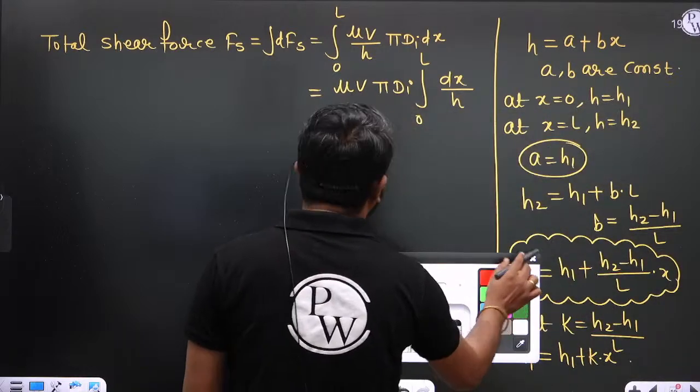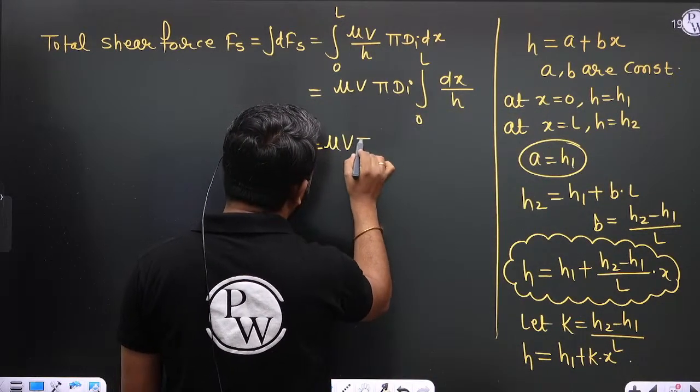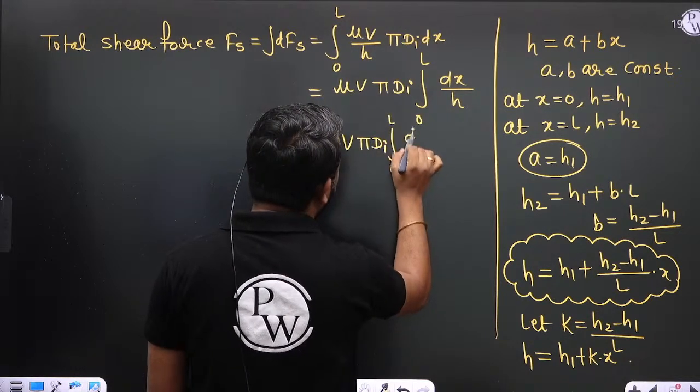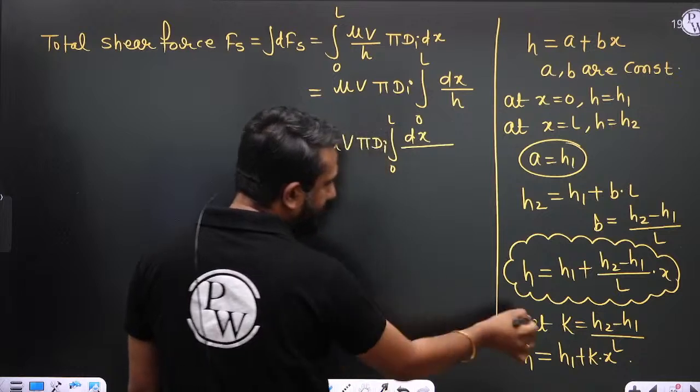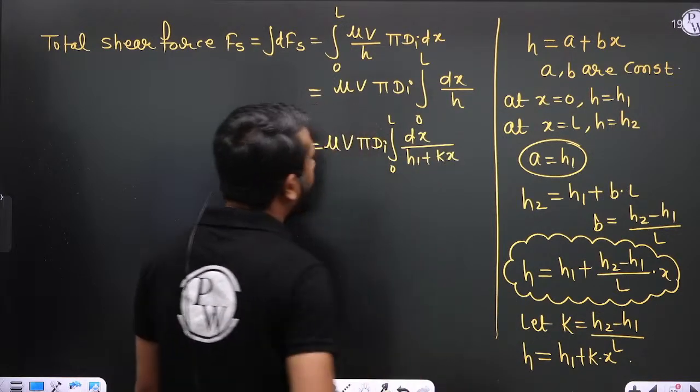Now come to this step, the integral of mu v pi di from 0 to L, with dx and h, where h is h1 plus kx.